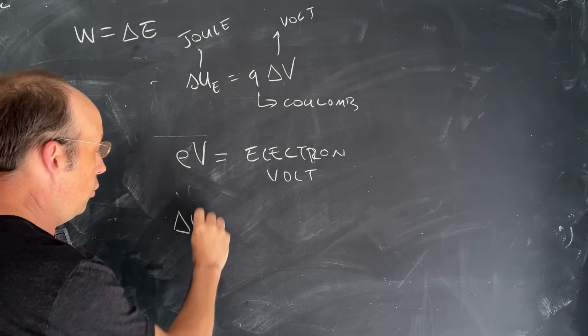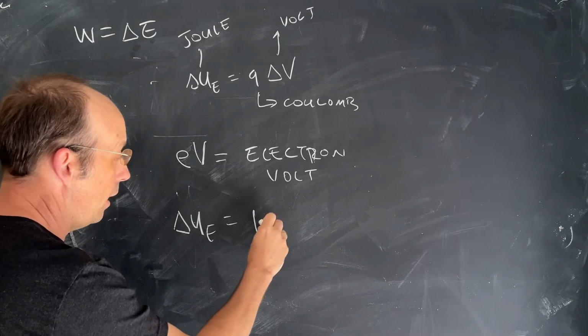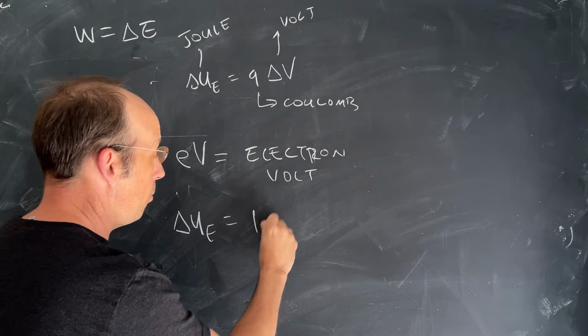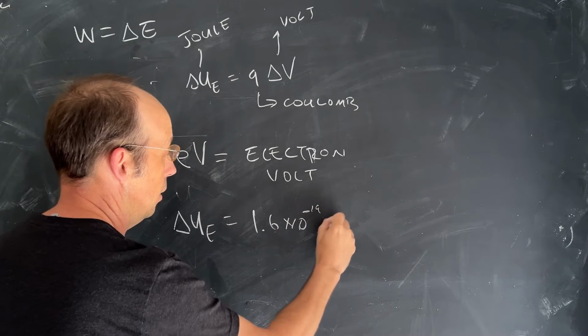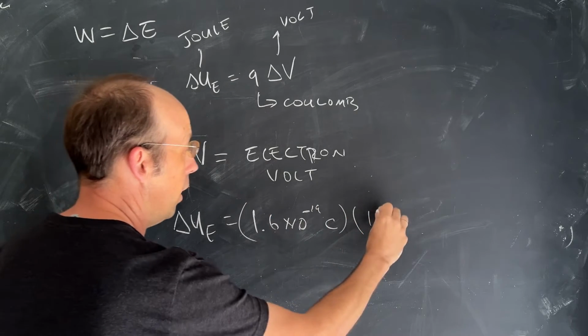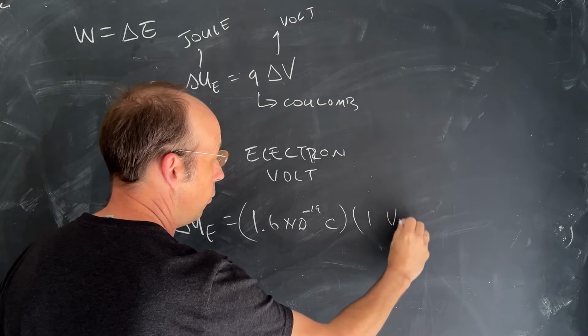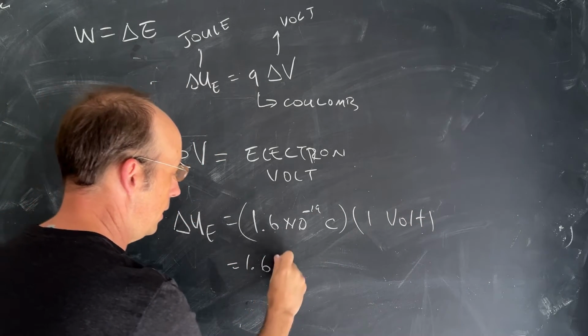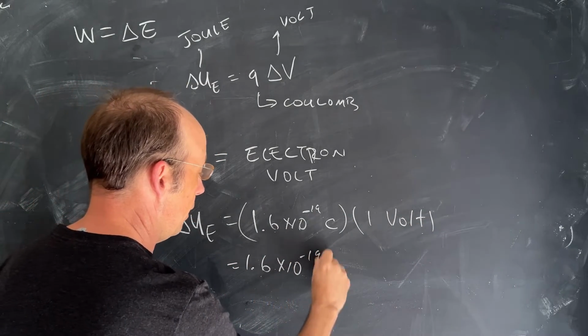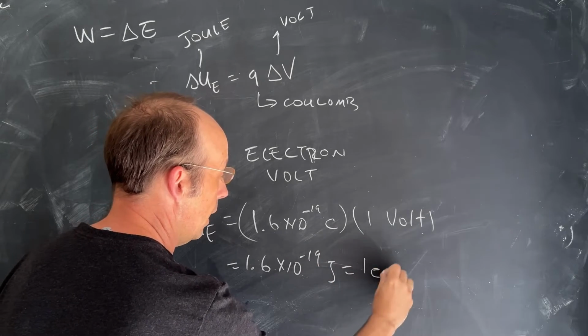So delta U is 1 electron, which is 1.6 times 10 to the negative 19th coulombs, times a 1 volt change in potential. So if I do that, I get 1.6 times 10 to the negative 19th joules is equal to 1 eV.